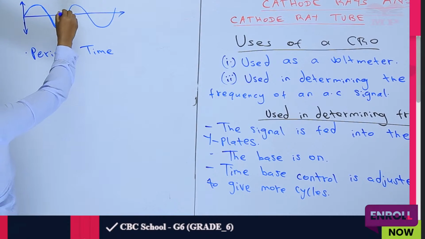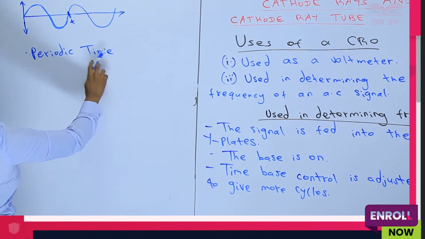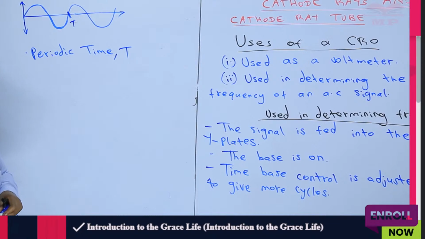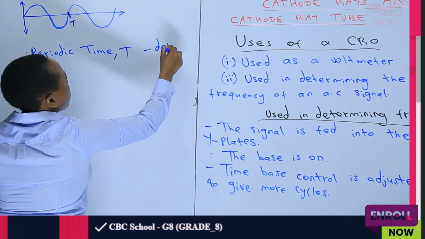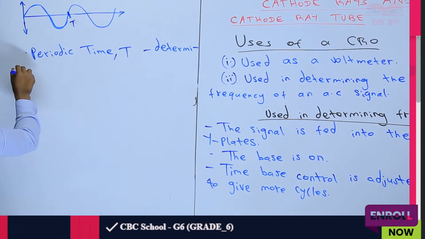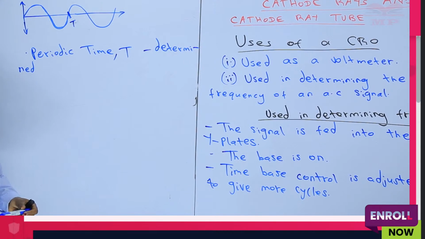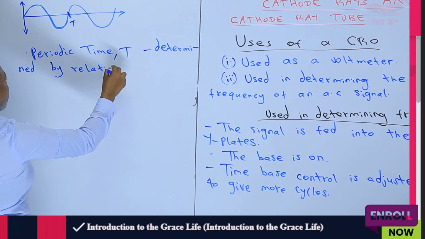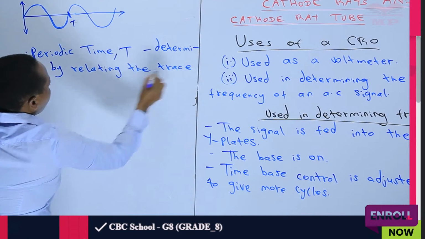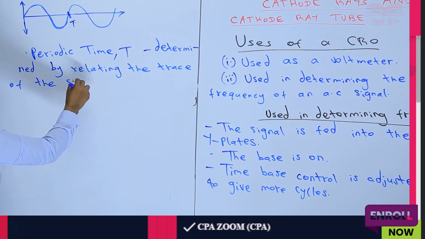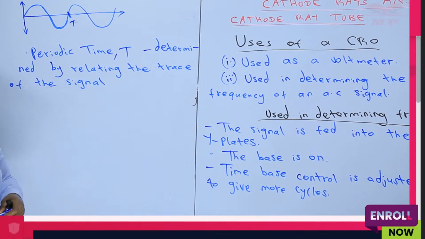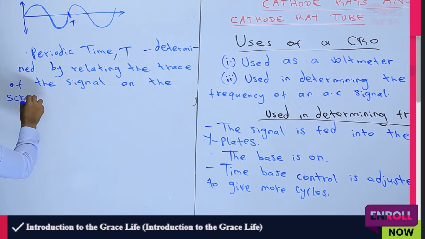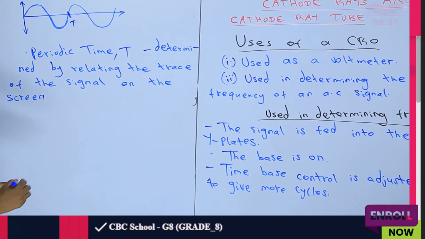This time taken to complete one cycle is what we are calling the periodic time, represented using a capital letter T. And we can say that the periodic time is determined by relating the trace of the signal on the screen with the time-base setting.